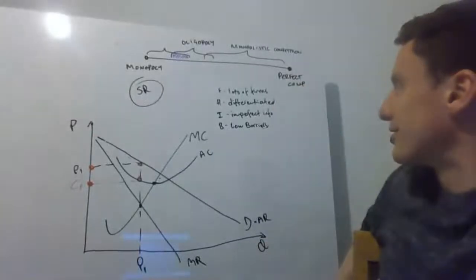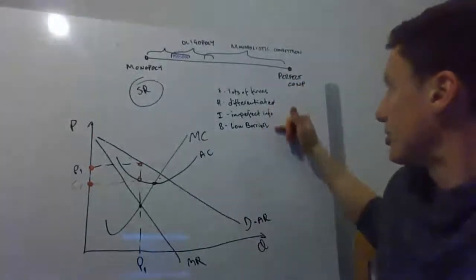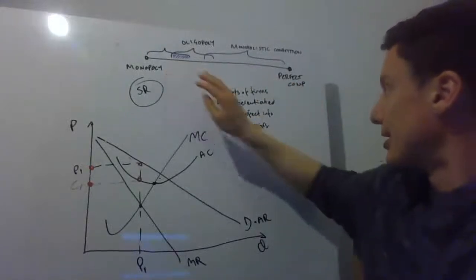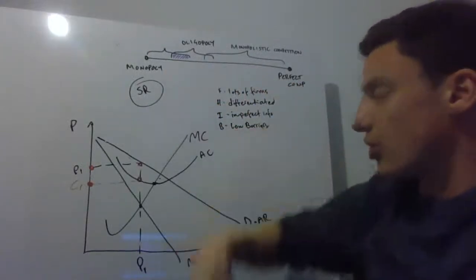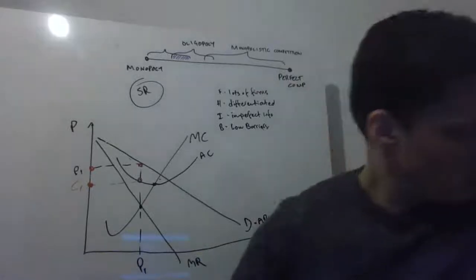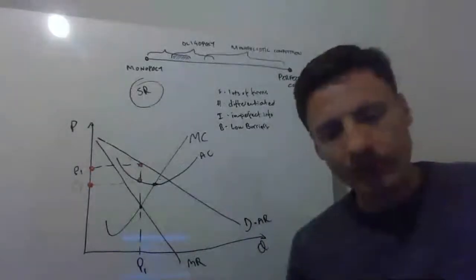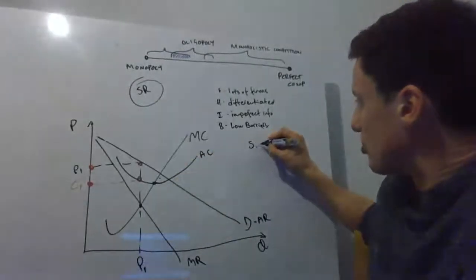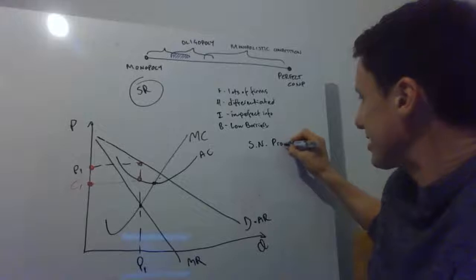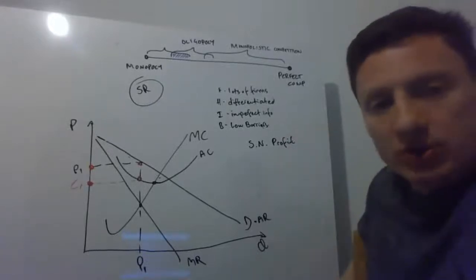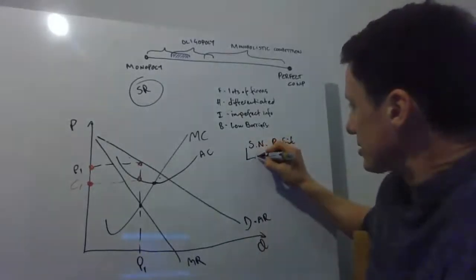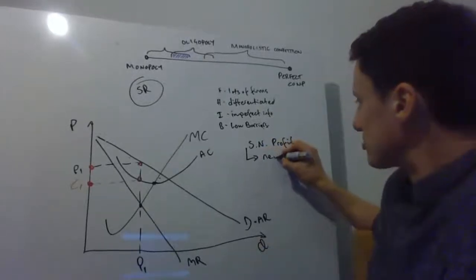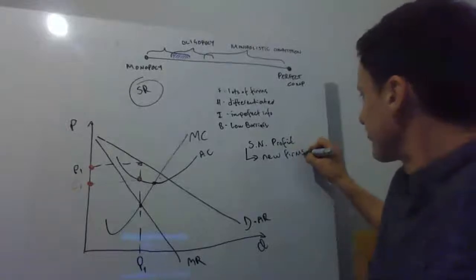Monopolistic competition then tends to have more in common here with perfect competition than it does with monopoly. In particular, this idea of low barriers to entry. So what's going to happen is that this supernormal profit, I'm just going to call it SN profit in order to fit it onto my board, is going to incentivize new firms to enter the market.